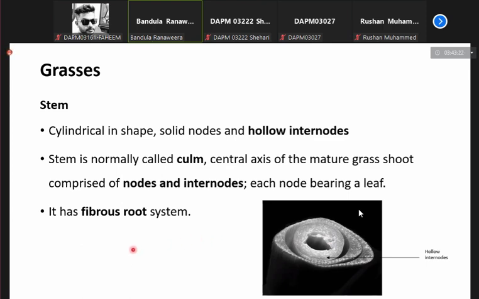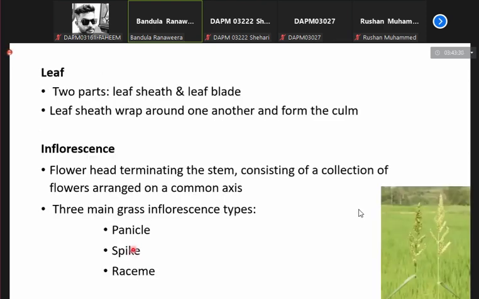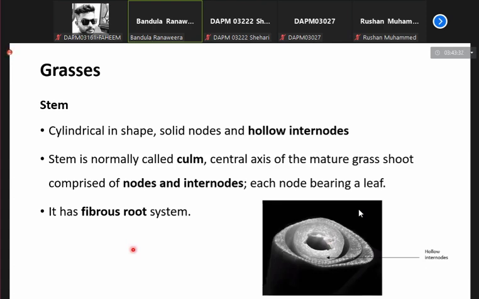The grasses have a fibrous root system, which is another important characteristic. So root characteristics and stem characteristics are important. In the stem, the nodes and internodes are important, and in the root, whether it is a taproot system or a fibrous root system.